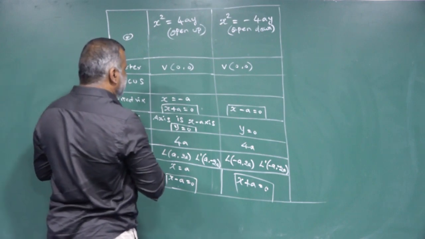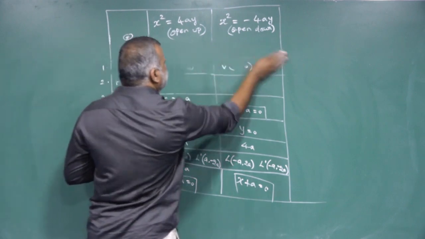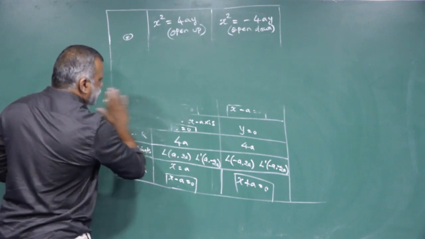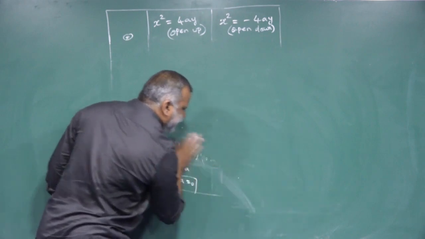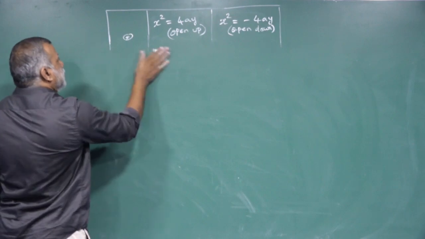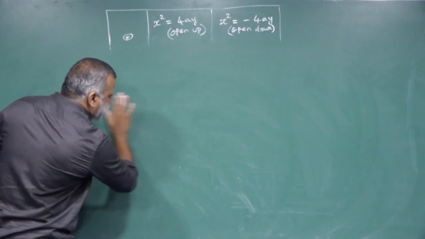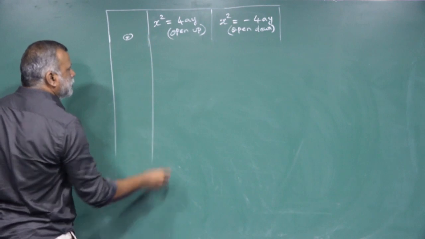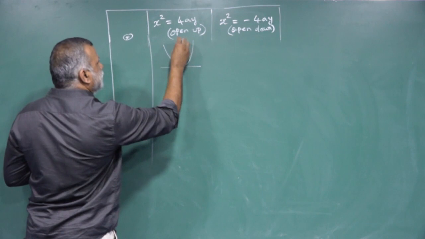See here, we already discussed the diagram, but once again, just recall the things. You can recall them in a very simple way. No need to memorize. With the help of the diagram, we are able to work out all these results. Now listen, open up, open down. First I will draw the diagram in a simple way. See, this is called the open up parabola.